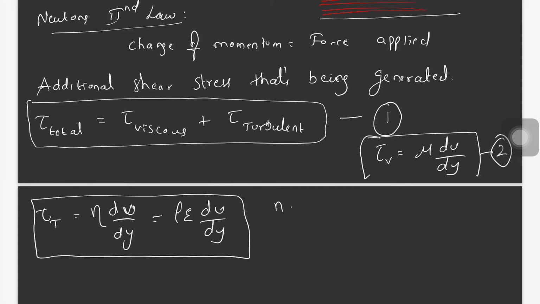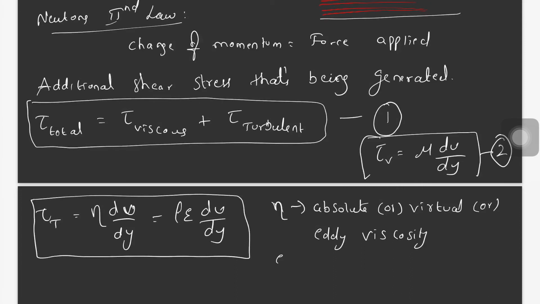Eta here is absolute or virtual or eddy viscosity. Epsilon is the same thing.